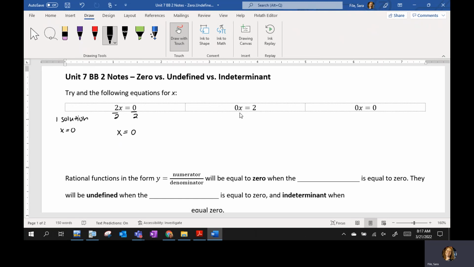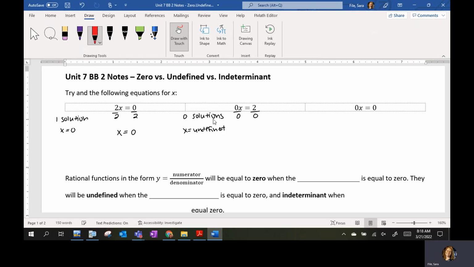When you tried to solve for x, what did you try to do? Divide by 0. And what happens? Yeah, you cannot divide by 0, can you? So this one has 0 solutions, which means x is undefined.